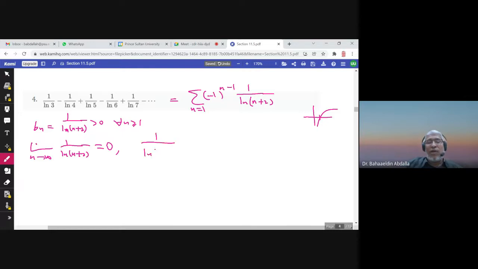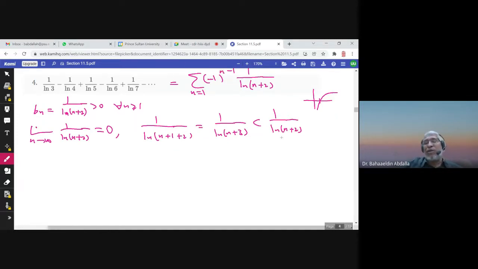And 1 over ln of n plus 1 plus 2, which is ln of n plus 3, is less than 1 over ln of n plus 2, because ln of n plus 3 is greater than ln of n plus 2, because ln is increasing here. ln is increasing, so 1 over ln would be decreasing for n greater than or equal to 1.